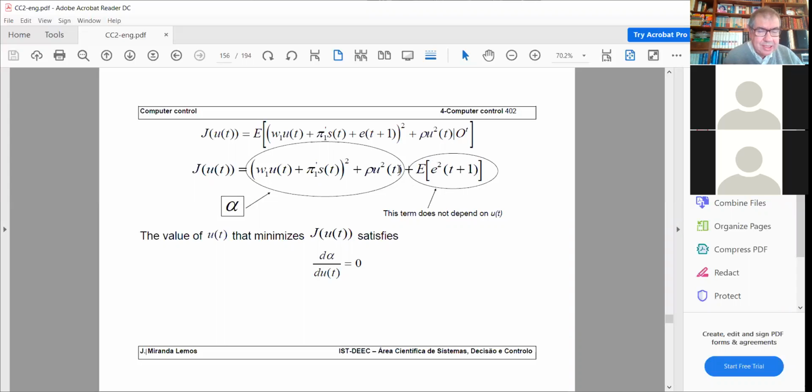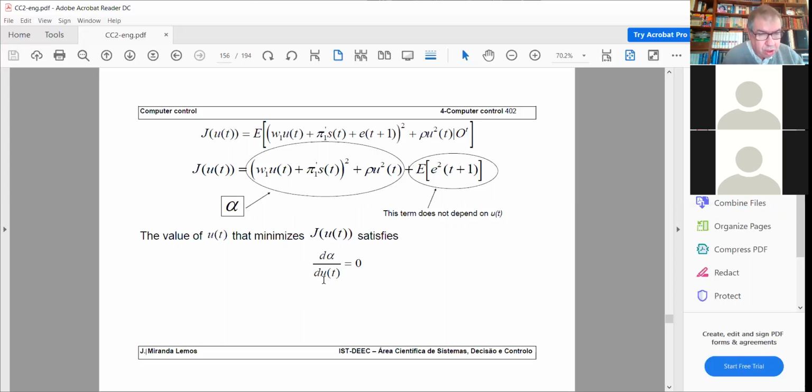You want to minimize this term with respect to u of t, but u of t appears here and it appears here. You cannot just equate it to 0 because this is a square plus another term which is squared. So you have to differentiate it with respect to u of t and equate to 0. When I write this, remember, I'm not differentiating with respect to the function u, but with respect to the value u of t of the sequence u.